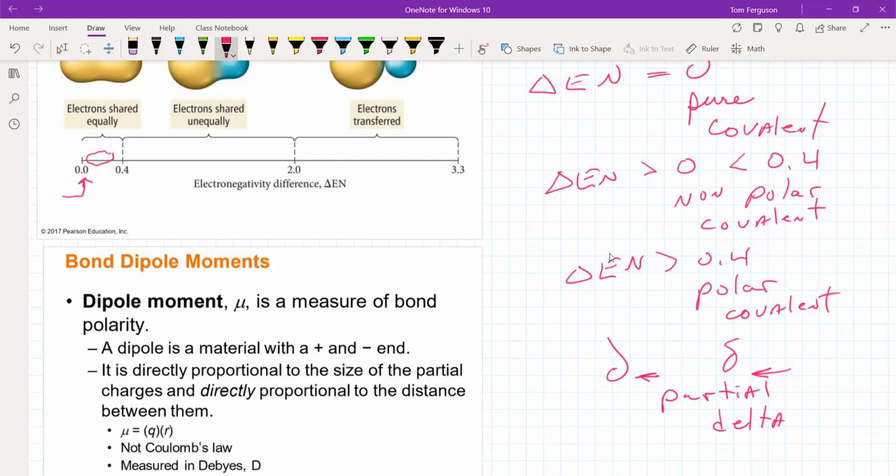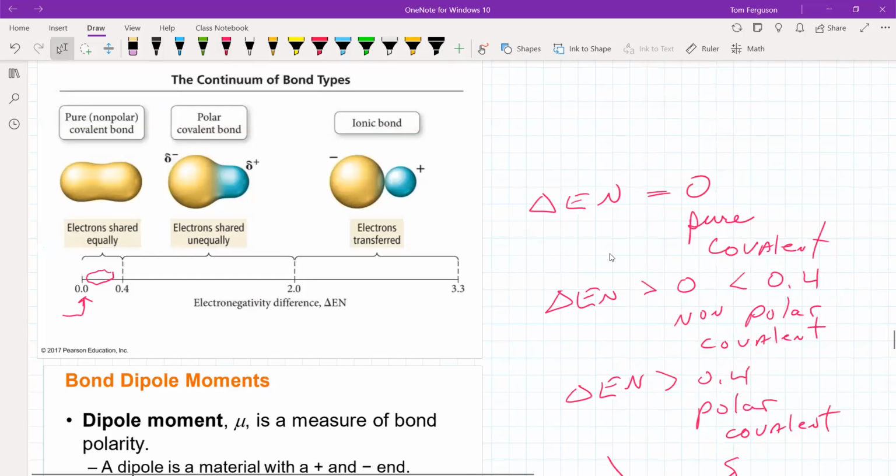So this here is not a full positive sign. It is a partial positive sign or negative sign. If this was a plain plus or plain minus, it would be an ionic bond. So in this area, you're becoming more and more ionic in character.